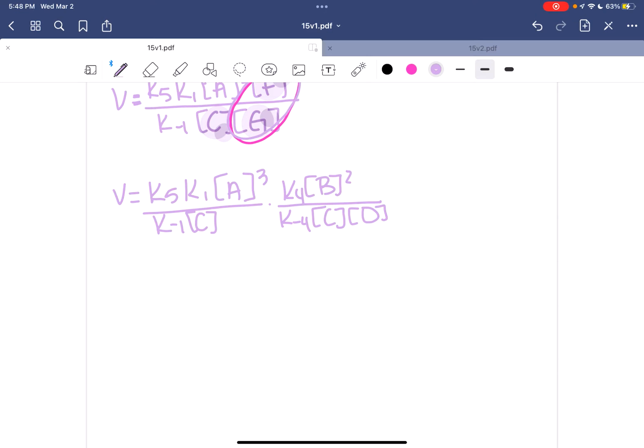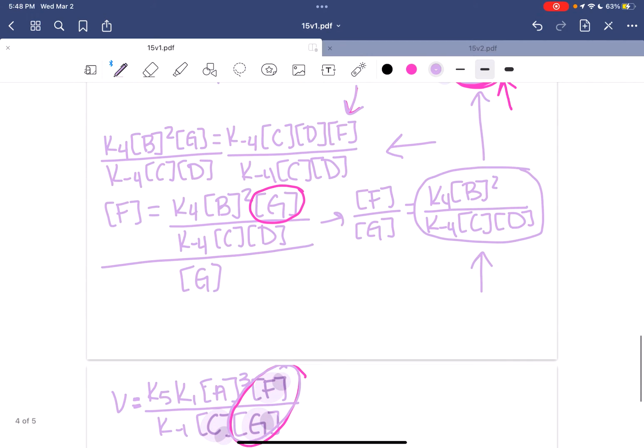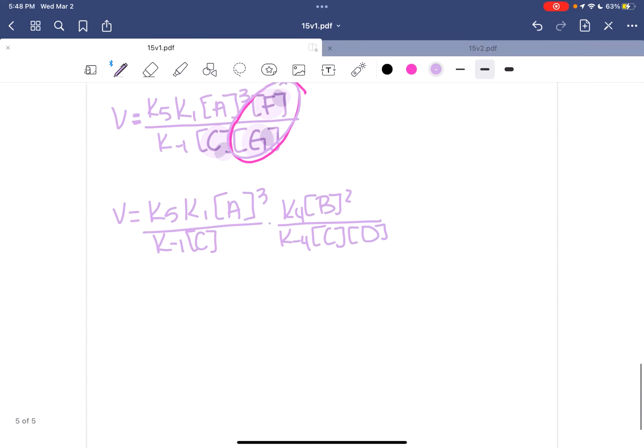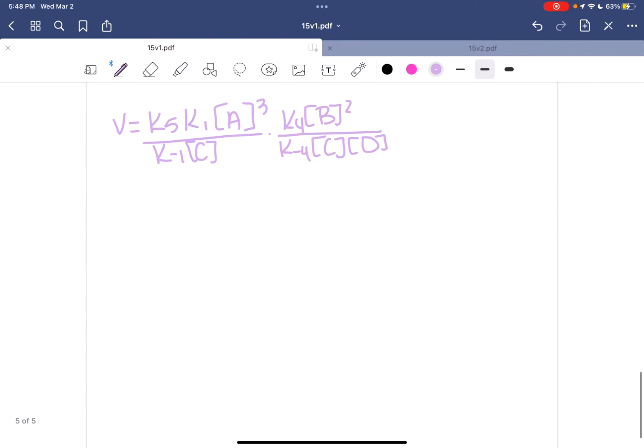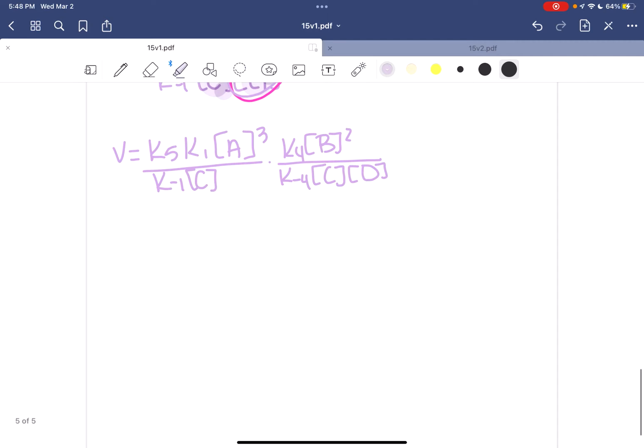Okay, so that should be the correct form. So what we'll notice next is that we have a couple of the same concentrations here. So we're just going to simplify this a little bit further because we have two concentrations of C on the bottom, and so we're just going to combine them just like we did previously with the multiple concentrations of A.